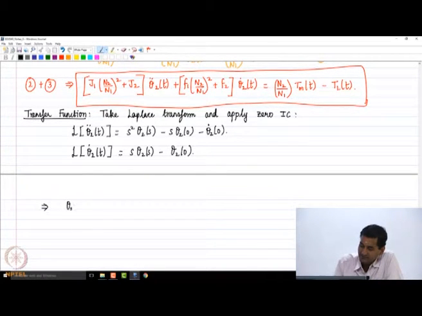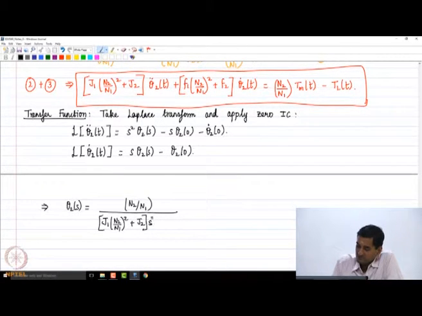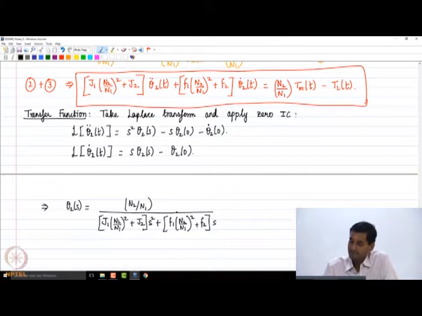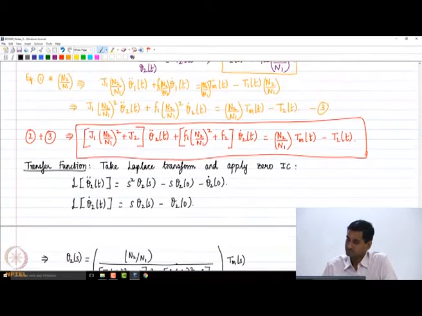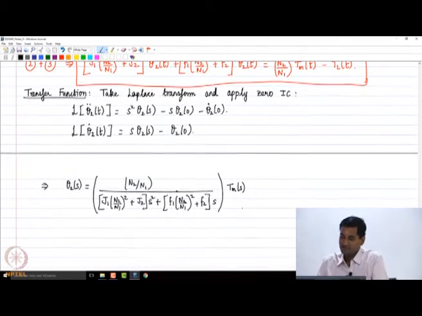We are going to get the following: theta 2(s) is going to be N2 divided by N1, the whole thing divided by J1 (N2 by N1) whole squared plus J2, times s squared plus F1 (N2 by N1) whole squared plus F2, times s, this multiplying Tm(s), right? That is what the first term is, on the right hand side.